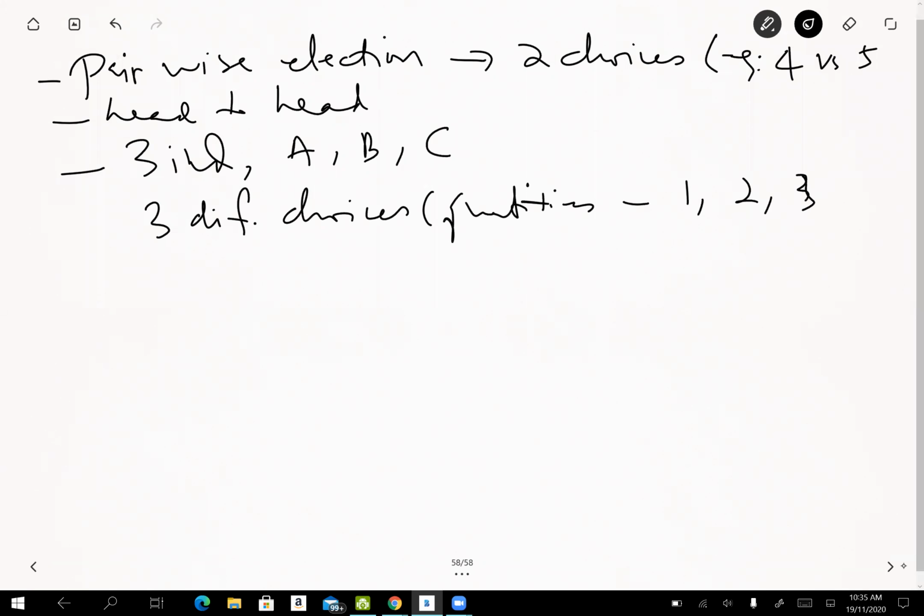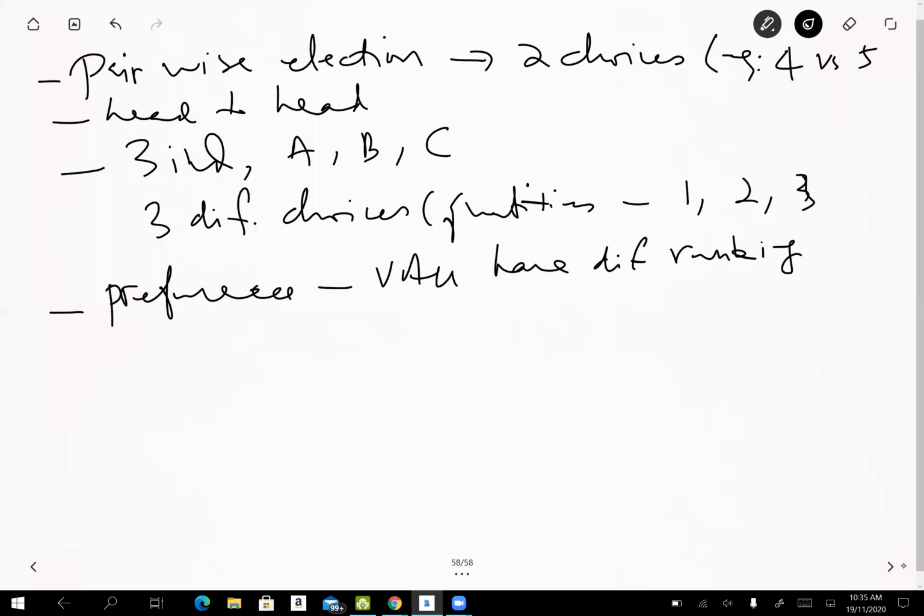So that is the voting. And then you have the preference. That means the individuals or the voters have different rankings for each of the choices.